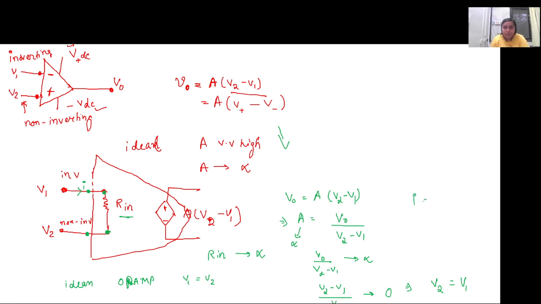So whatever the current I will be, it will be V2 minus V1 divided by Rin. This Rin is a very high value, and we know V2 minus V1 is almost equal to 0, because this is the condition that we get. That means the current drawn in this circuit will also be equal to 0.